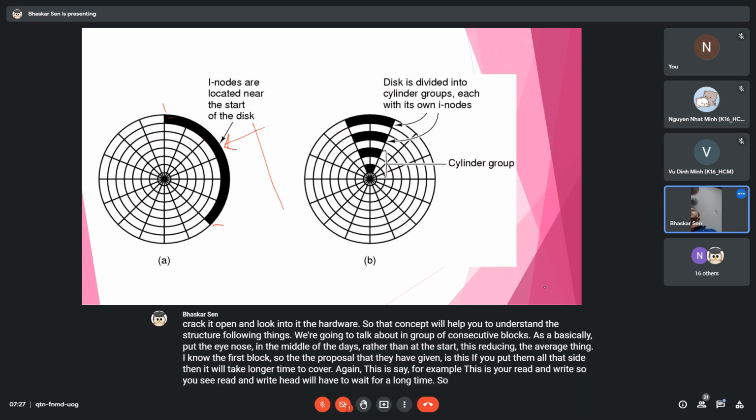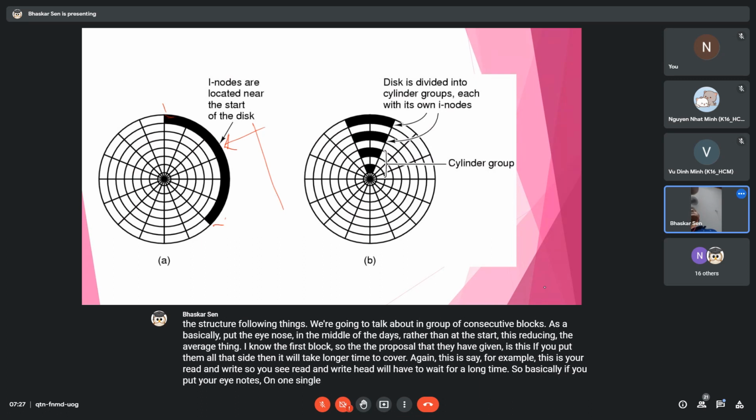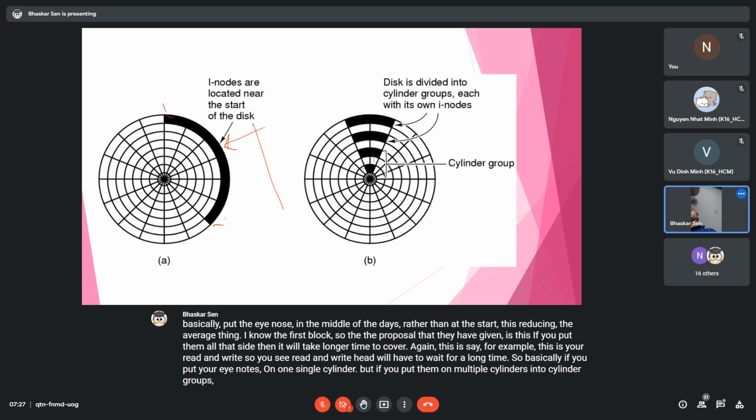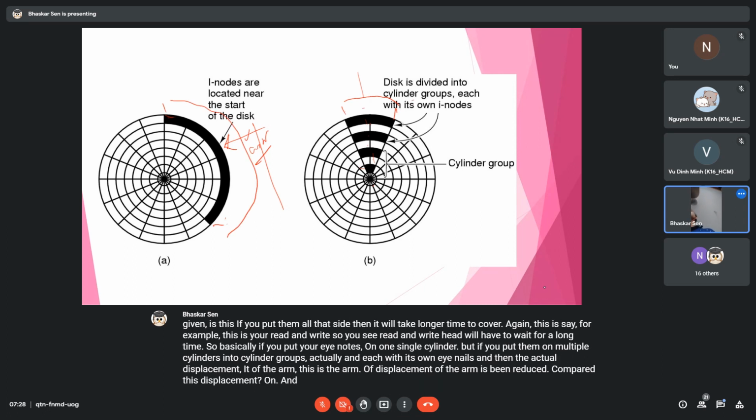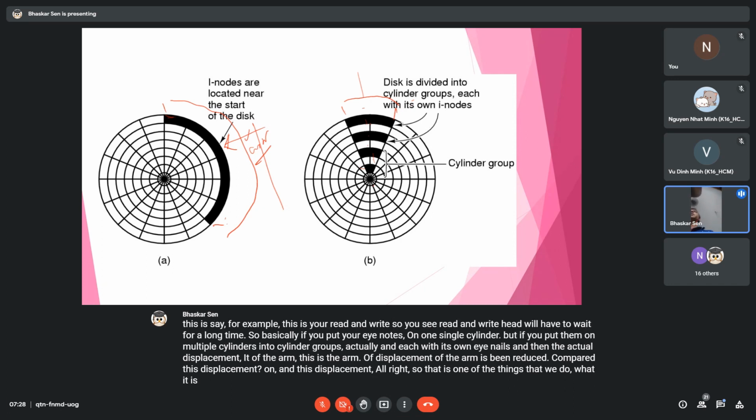So basically, if you put your inodes like this on one single cylinder, but if you put them on multiple cylinders, into cylinder groups actually, each with its own inodes, then the actual displacement of the arm, this is the arm, okay, displacement of the arm has been reduced. Compare this displacement of the arm and this displacement of the arm. All right, so that is one of the things that we do, but it is purely from the hardware perspective.